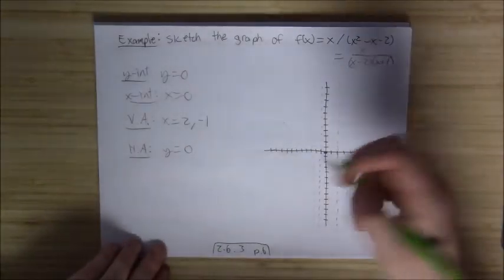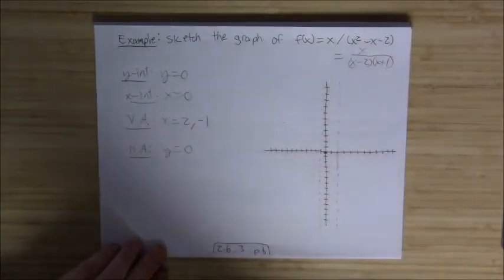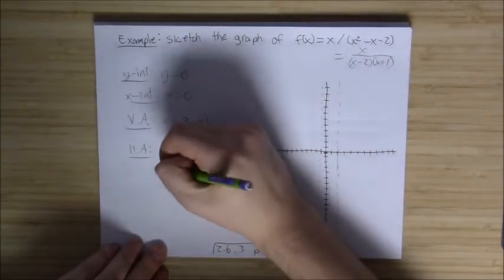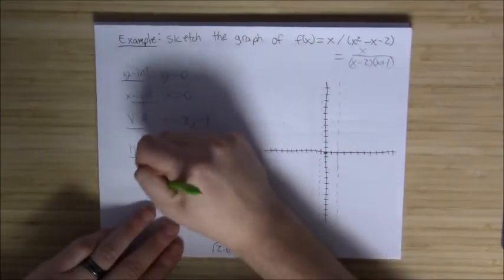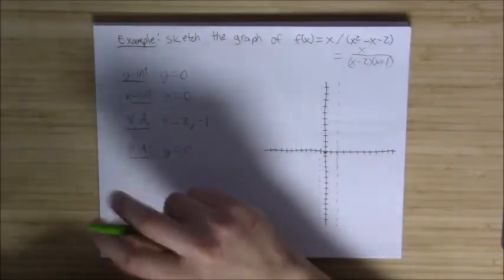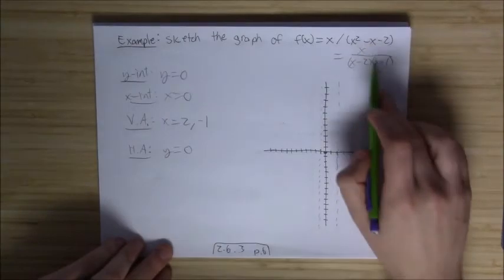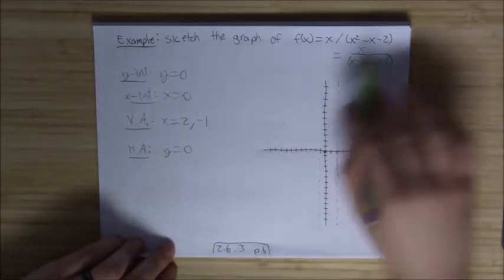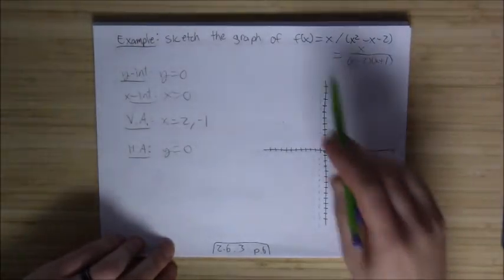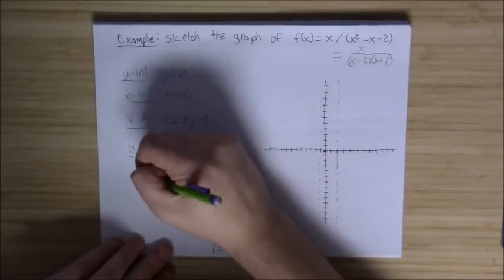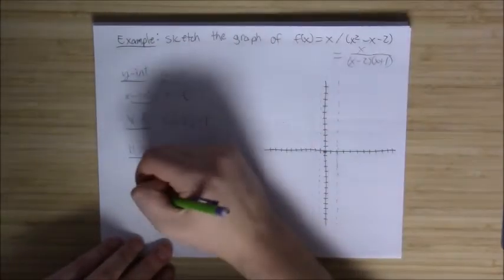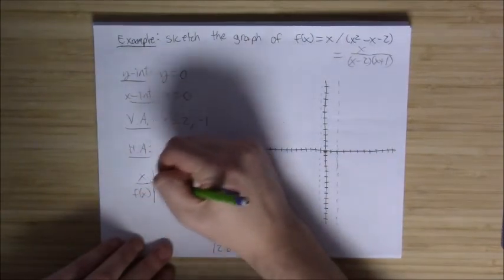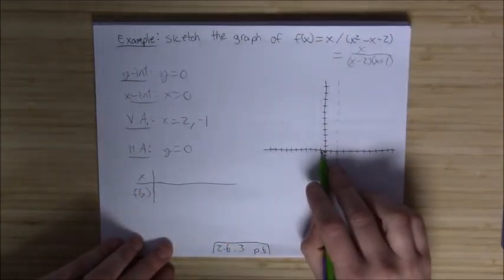So now we kind of have an idea of how to pick points. By the way, we can't do long division here, so this will not be a transformation of 1 over x. You can try if you want, but you won't get anywhere with it. Here, if we have x and f of x, let's go ahead and pick some points.